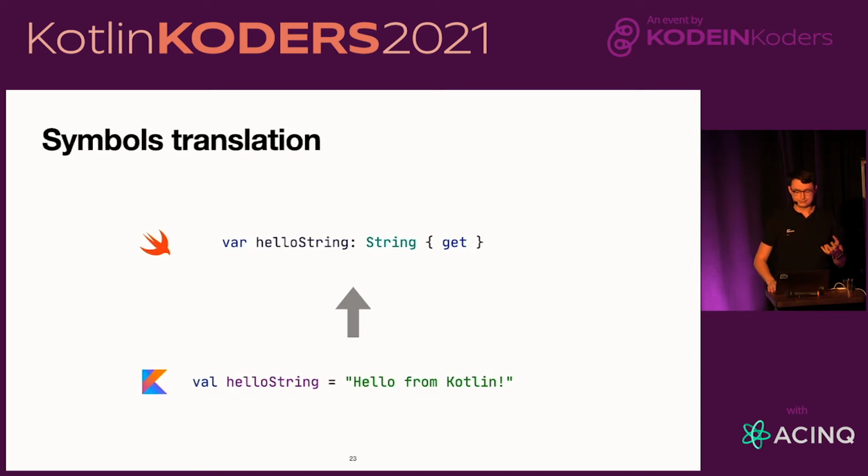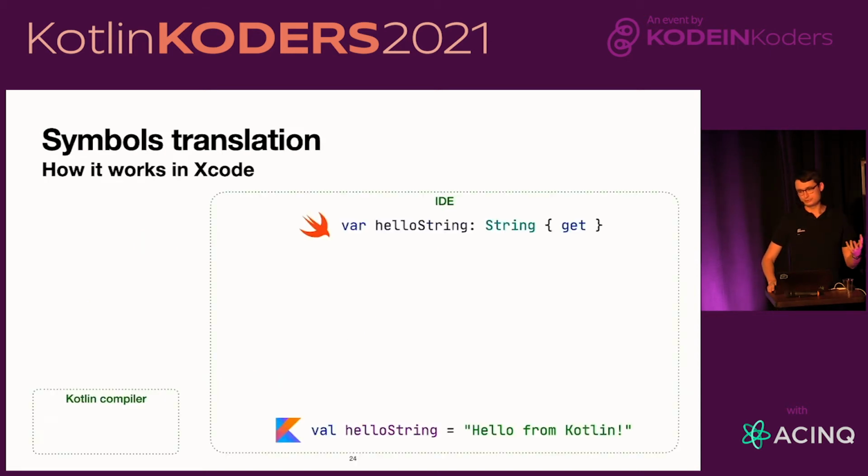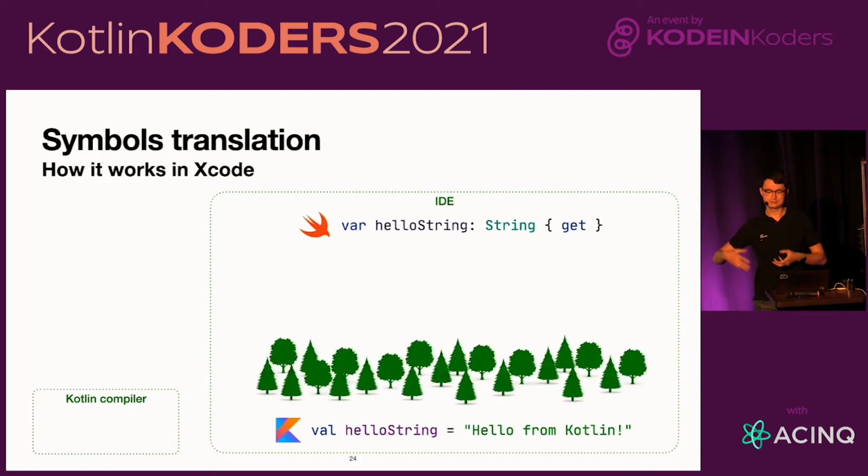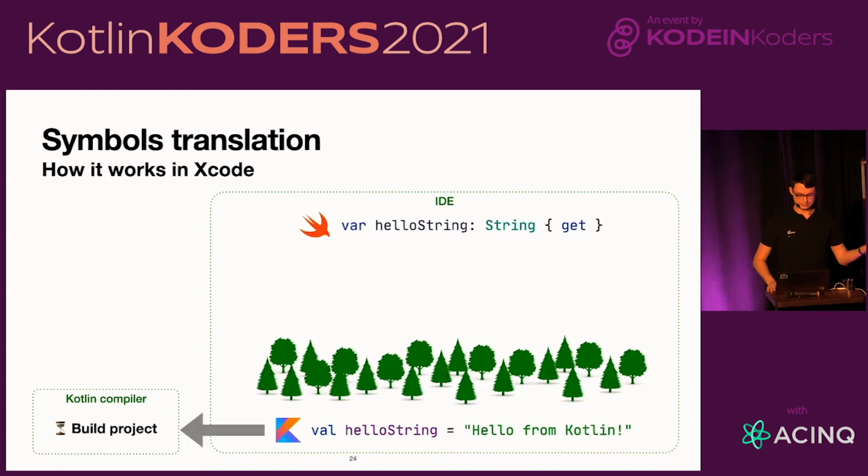Let's have a look at how it works if you use just Xcode, for example. So you have this Kotlin declaration, and between your Kotlin declaration and Swift declaration, you have really dark forest. You can just create it. So you go to Kotlin compiler and ask this compiler to build the project.